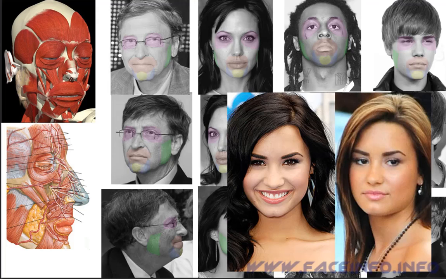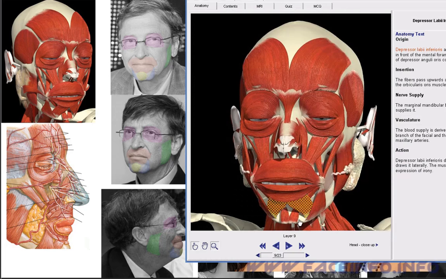Now let's discuss why a chin can be forked with a cleft in the middle, for example, like Demi Lovato's one. As you understand, the chin muscle, mentalis, consists of two bundles.